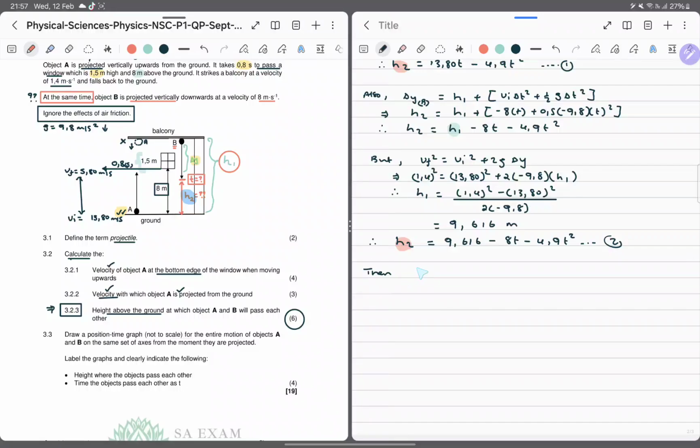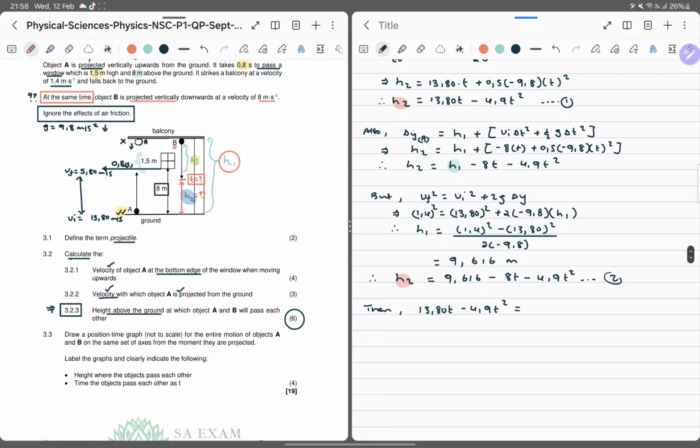So what can we say? Then we understand that 13.80t minus 4.9t squared must be equal to 9.616 minus 8t minus 4.9t squared.